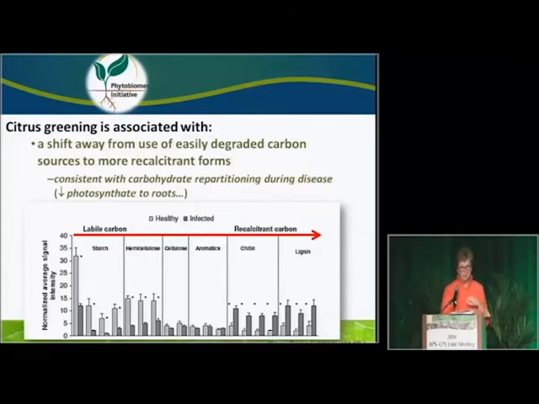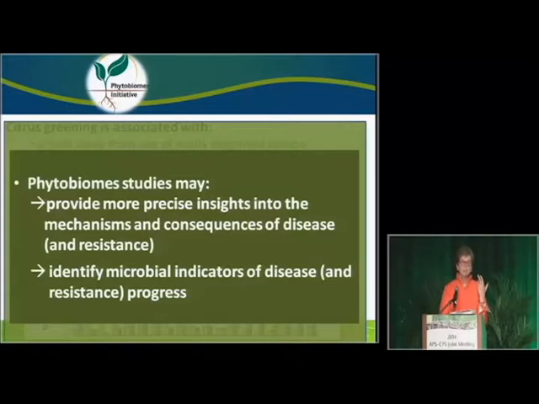So in other words, using a phytobiome approach, or looking at the microbiome that's associated with this rhizosphere, they are able to provide more precise insights into the mechanisms and the processes of disease and the consequences. And by extension, using a phytobiome approach, we are more able to understand what's going on during resistance, predicting the mechanisms.